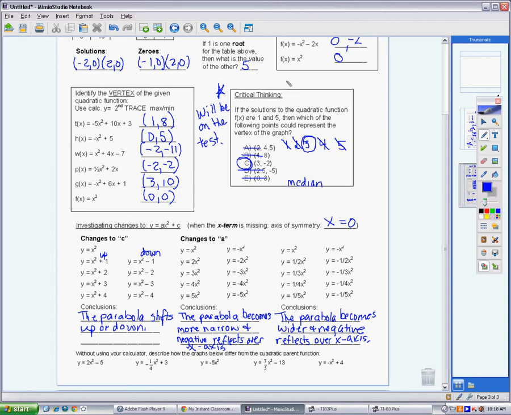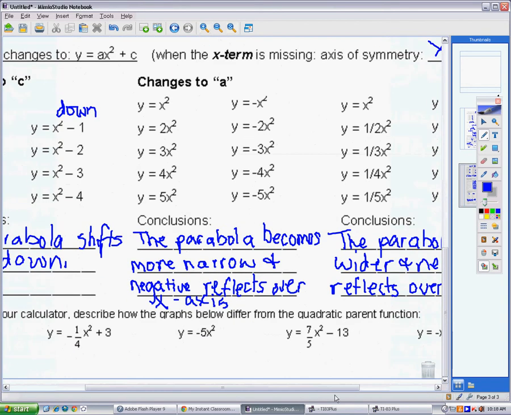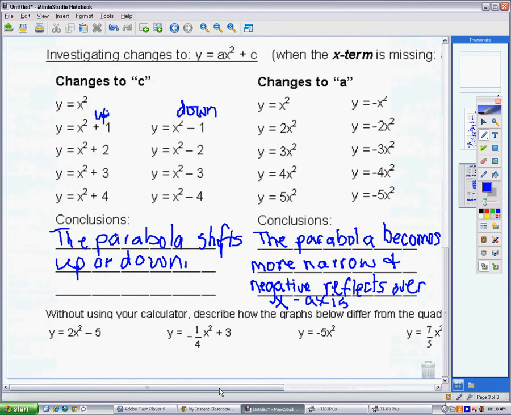Okay, now for the bottom part, and we're not going to use our calculator. We want to identify what changes occur when we change A and we change C. So our parent function is going to be the y equals x squared, and I want to know how this function changes that. Well, this number right here is a 2, so that means it's going to become narrow.